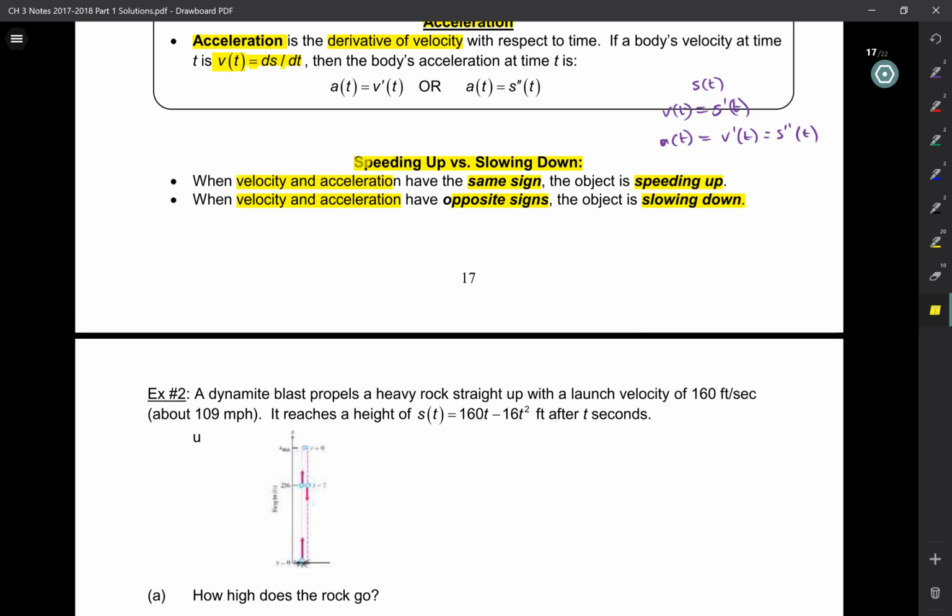Here, when you talk about sign, when you have to explain it, don't say the velocity is going right, the acceleration is going left. Don't say that in terms of direction. Just stick to signs. Velocity and acceleration are both positive. Velocity and acceleration are both negative.